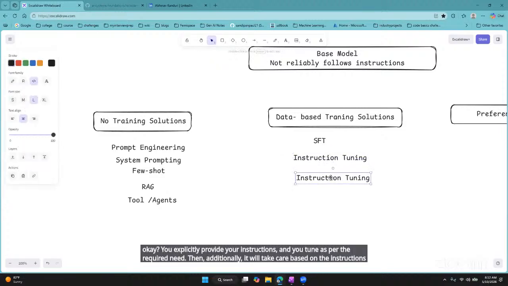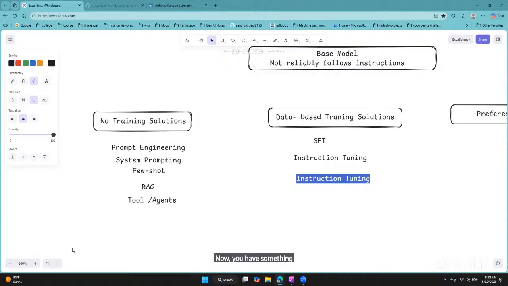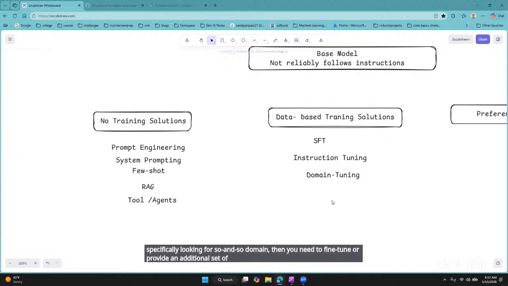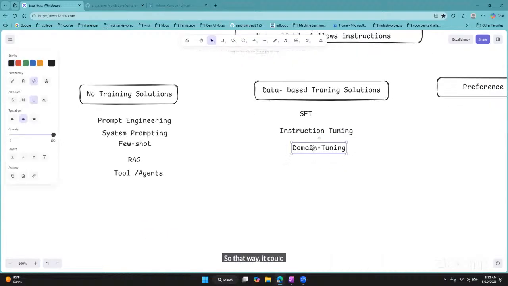Now you have domain-based tuning. You need not ask the model to explore additional domains which are not required. If you are looking for a specific domain, then you need to fine tune or provide an additional set of instructions based on your domain. That way it could solve based on domain.